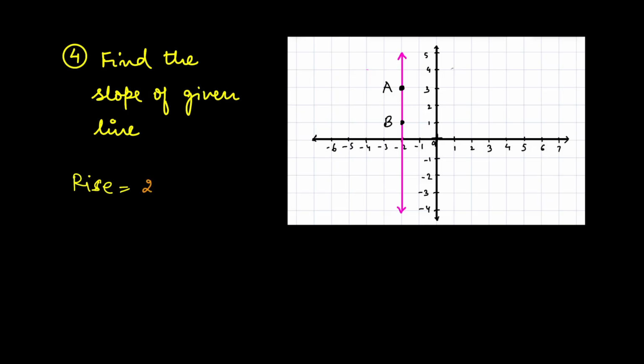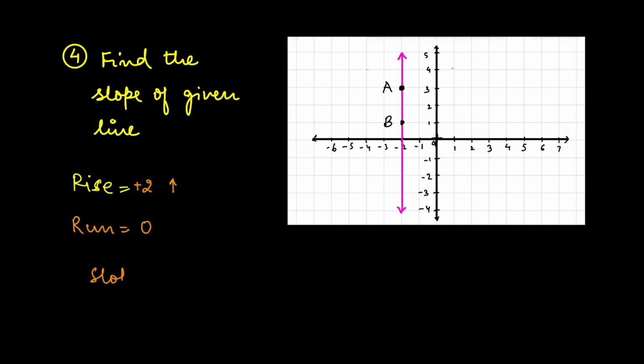If we go upward, we take plus. And now the run. When we have to see the run, we don't have any horizontal movement from A to B or B to A. No horizontal units are covered. So we write the run as 0.